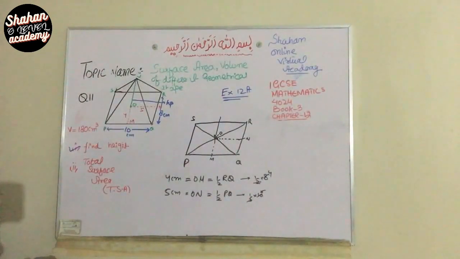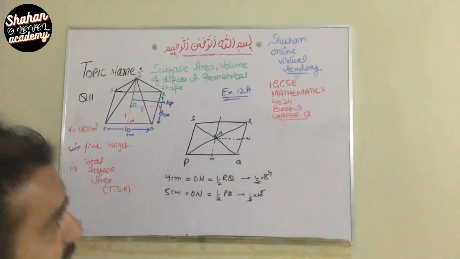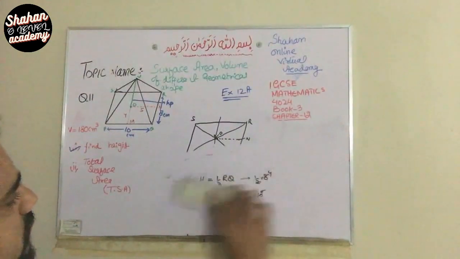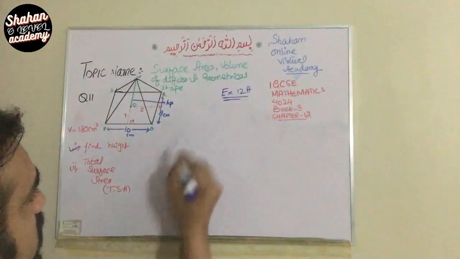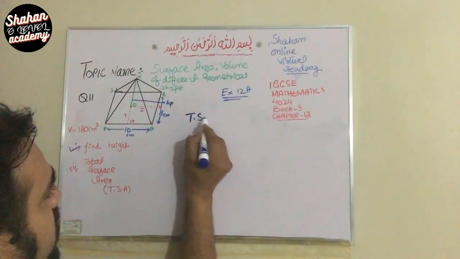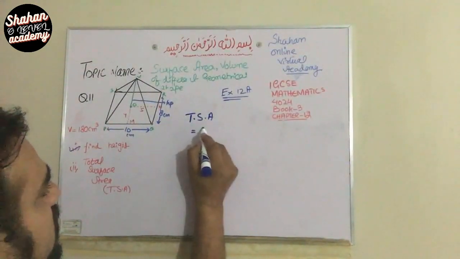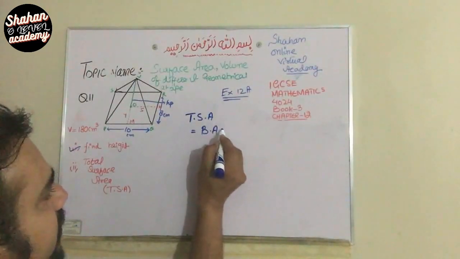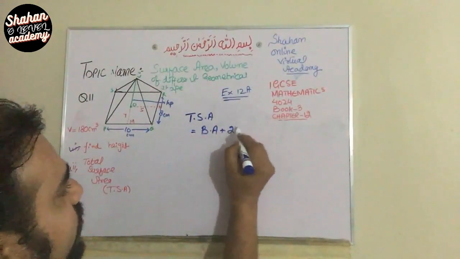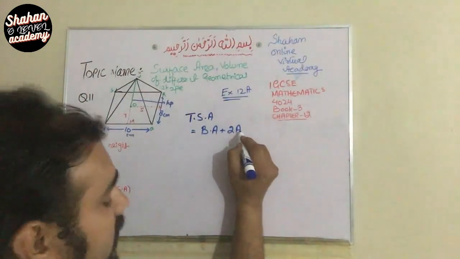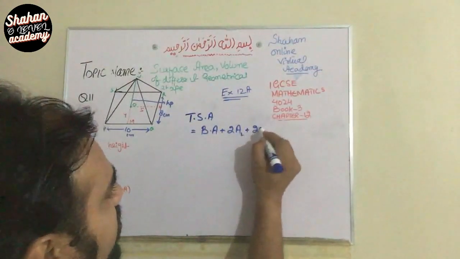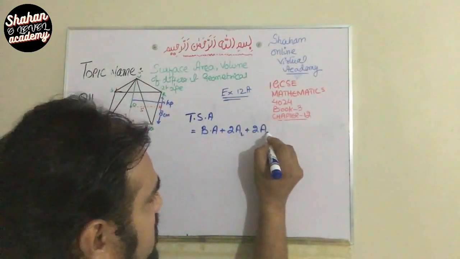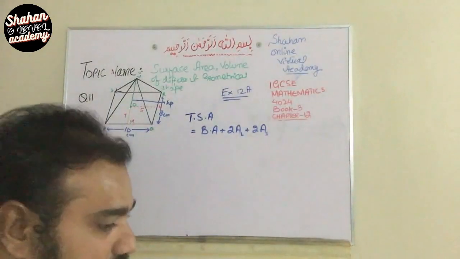Now you will see the basic formula to find the total surface area. The formula for the total surface area is the base area plus twice the area of the triangles concerned with the larger side of the pyramid, and twice the area of the triangles concerned with the smaller side of the pyramid.